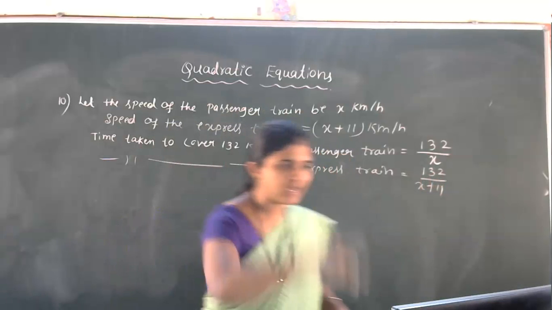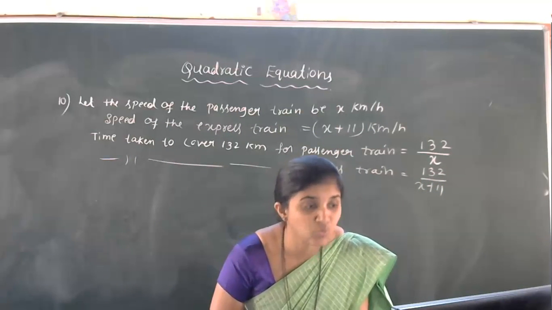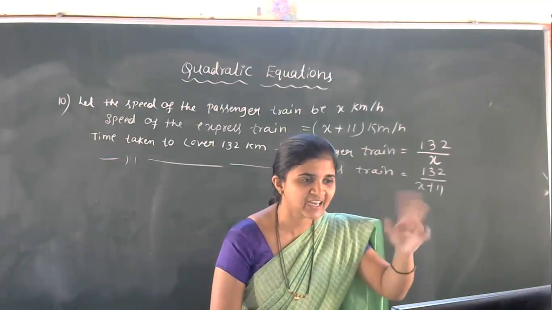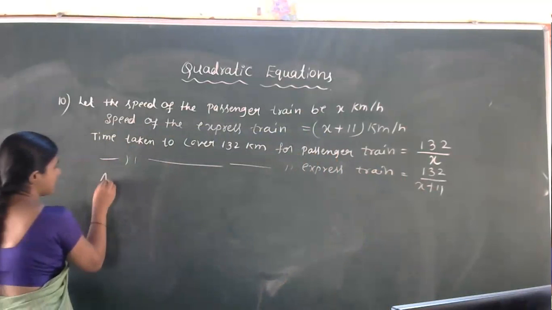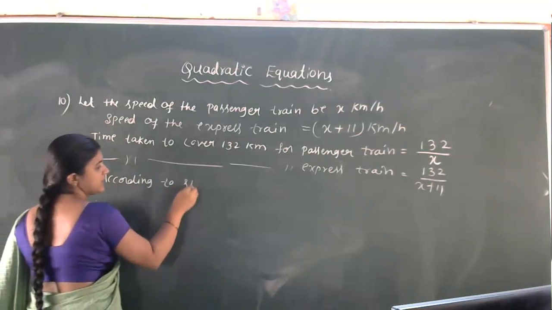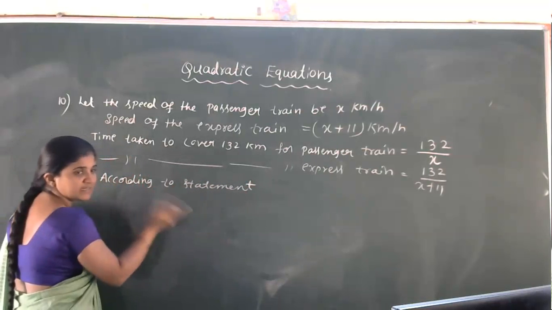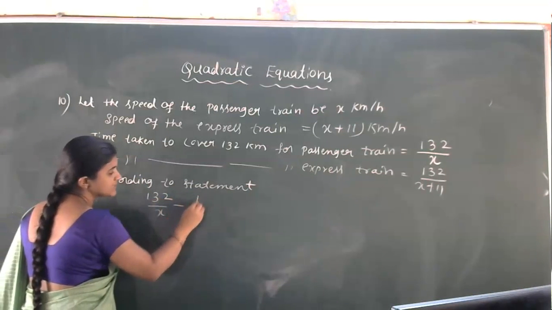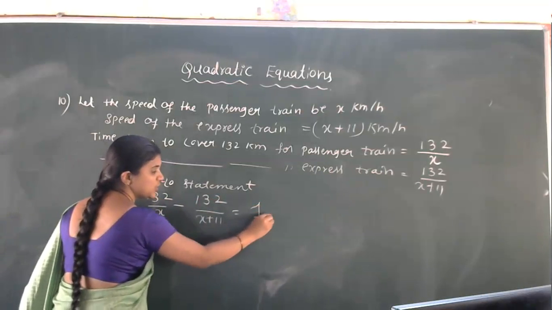Yes. Once again, I'll read the first statement. An express train takes 1 hour less than the passenger train. Again, here the timings difference is 1 hour. So according to the statement, the difference between the timings is 132 by x minus 132 divided by x plus 11, which is equal to 1.